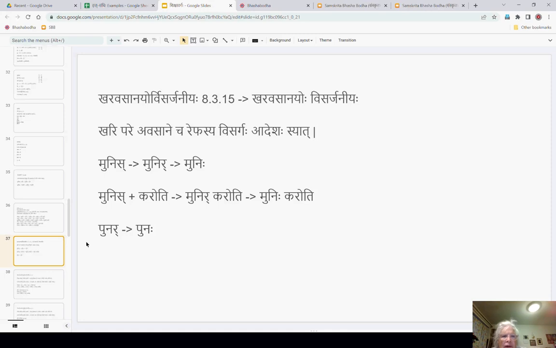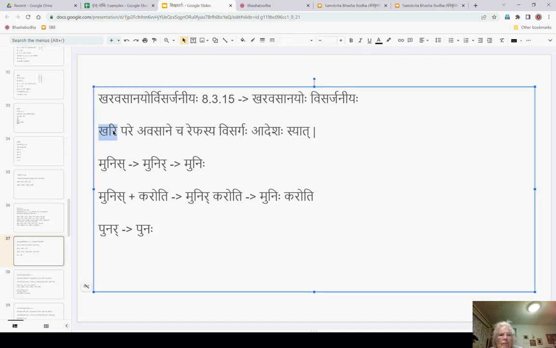So how do you know that the sibilants are in there? You just know that if khar is there, then the sibilants are always included. Yes, khar. This sutra says khar, the whole string starting from kha and until ra. All the consonants in between that kha and ra.